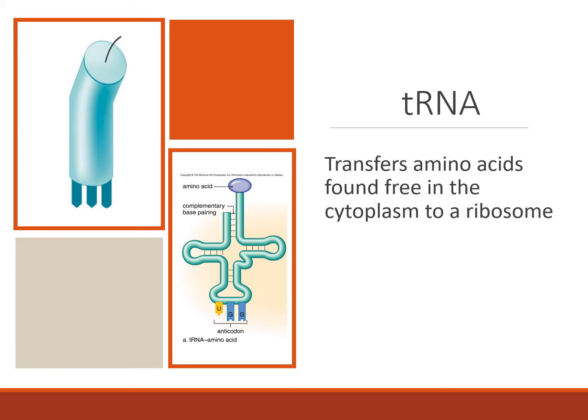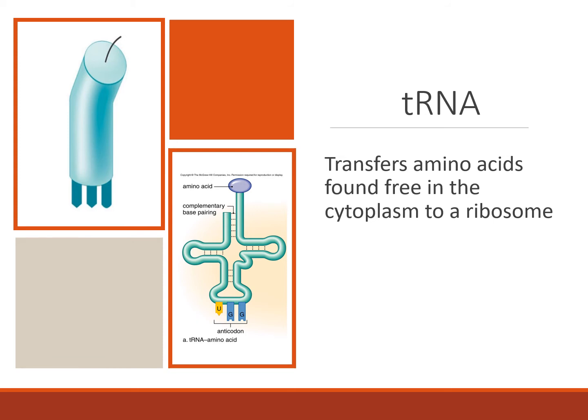So the messenger RNA is storing all of the information about which amino acids are in the protein and what order those amino acids go in, but something is going to have to actually bring those amino acids to the ribosomes in the correct order, and that is the transfer RNAs, or the tRNAs.